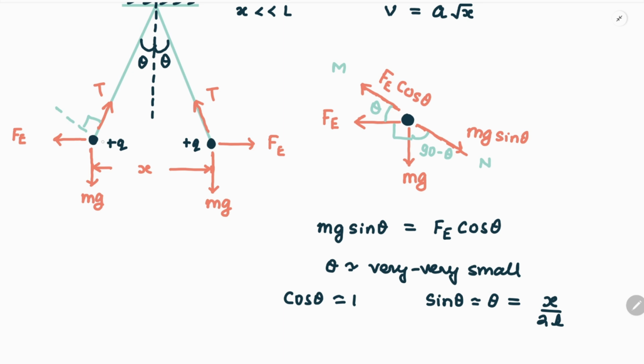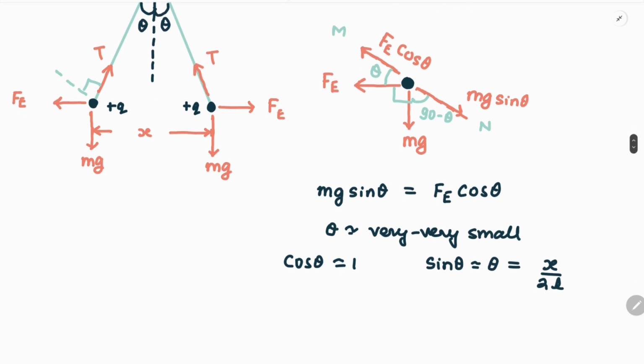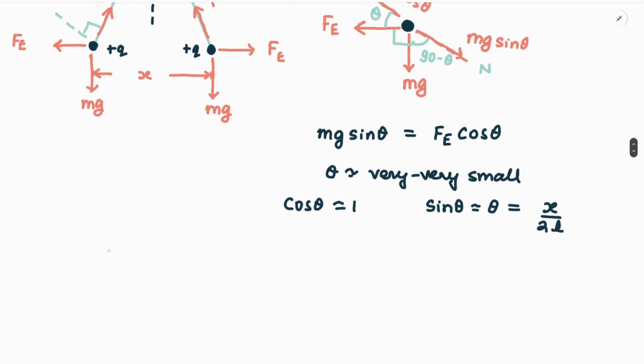So this distance will become x by 2 and L, so sine theta can be written as x by 2L, and if we put this value here, mg times x by 2L is equal to Fe, that is equal to q square upon 4 pi epsilon naught x square.